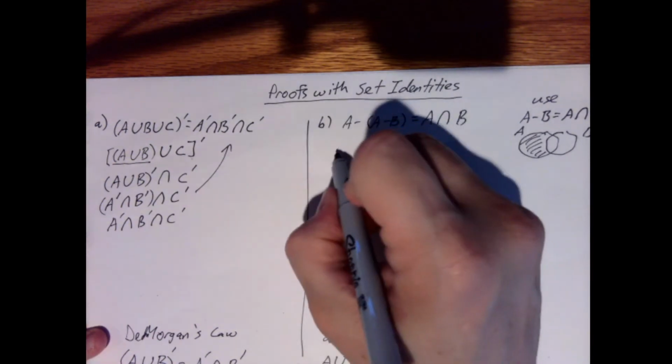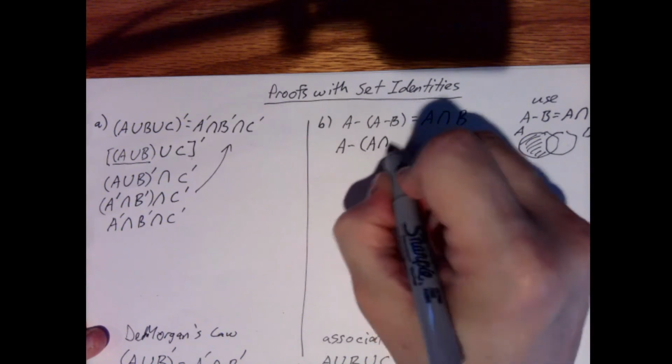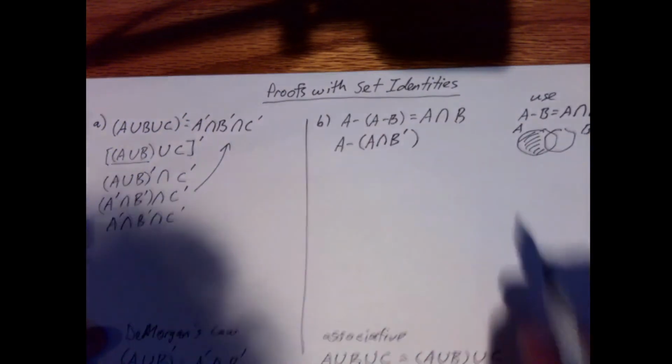So I'm going to use that here. So this will give me A minus, and then we have the intersection of A with not B. And now what do we do?